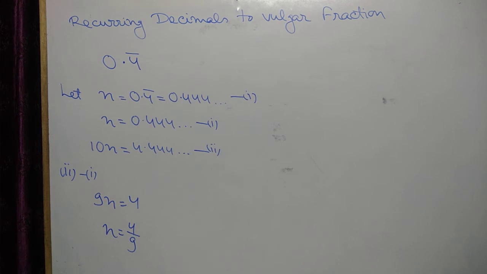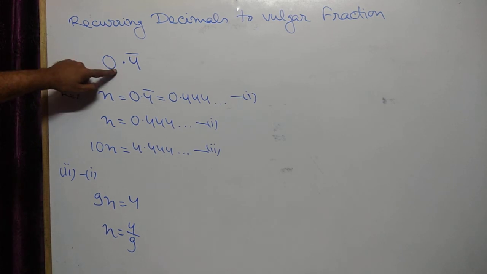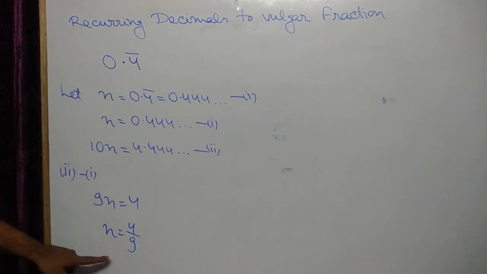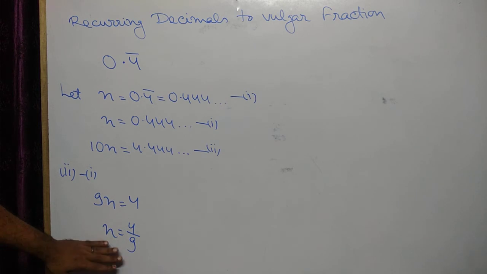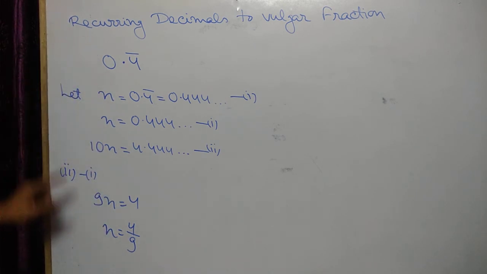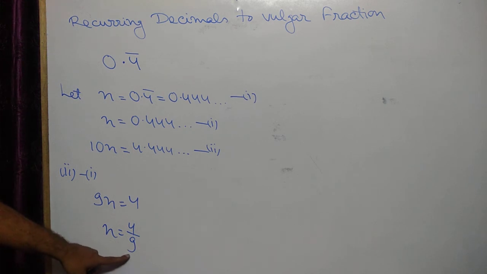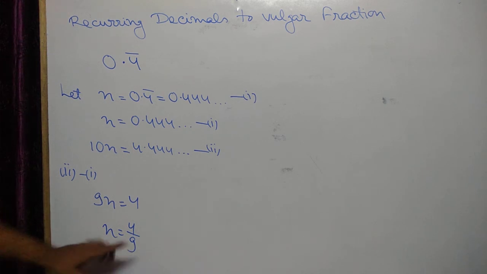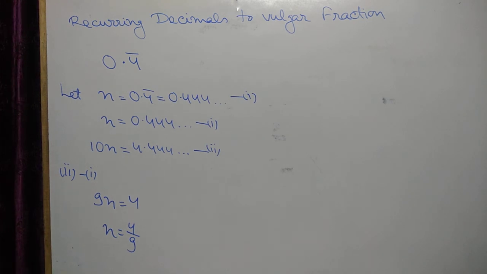So 0.4 bar can be expressed as 4 upon 9, and this is your answer. Means this repeating decimal is converted into a vulgar fraction in the form of 4 upon 9. Hope this one is clear to you. Move to one more question so that you can easily understand.